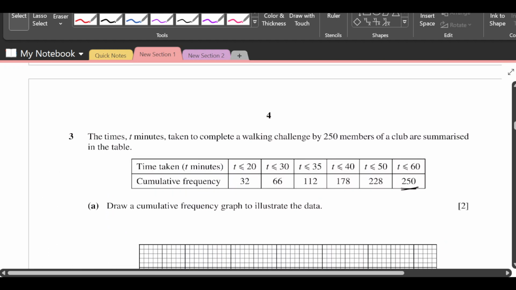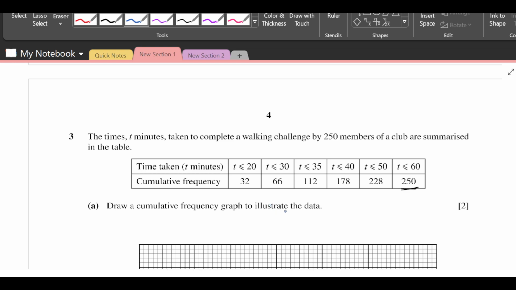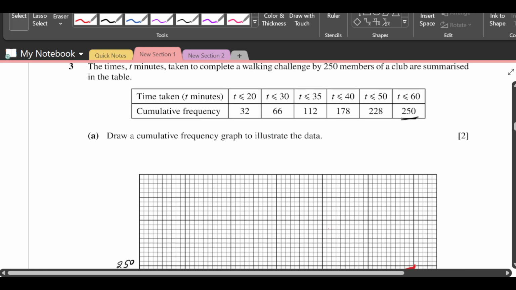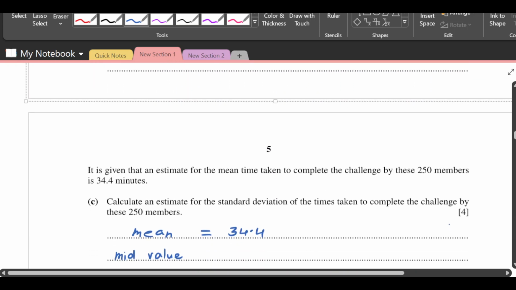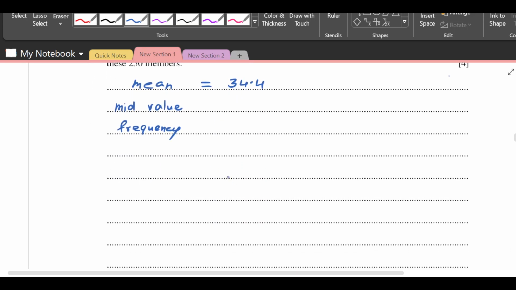So the first mid value is 0 to 20, so 10. For mid value 10, frequency is 32.